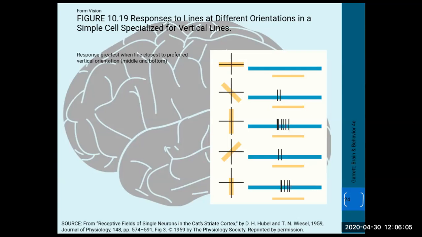Again, this is, by the way, from a cat's striate cortex. So it's from the visual field of a cat that was used for this study. But that's why, again, in the dark, sneaking home after midnight, you're able to see the outline of things like the couch and the coffee table so that hopefully you can avoid hitting your shins and making a loud noise and waking everyone up.